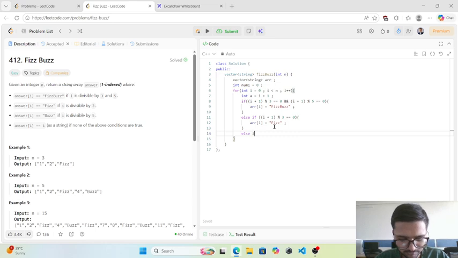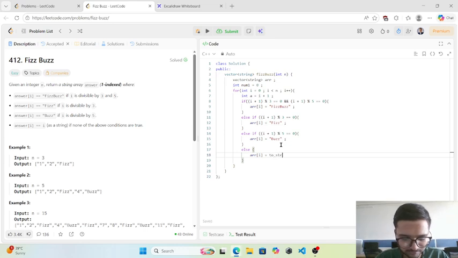Else if i plus 1 modulus 5 equals 0, then we put the value Buzz. And the last condition is to_string of a, because a is a number.